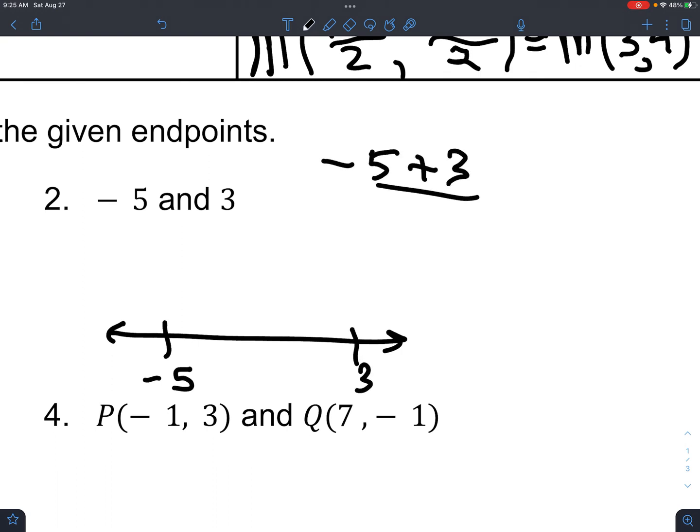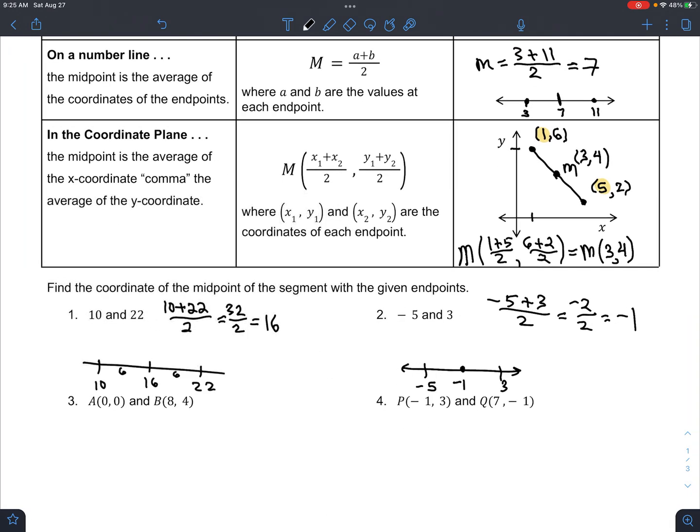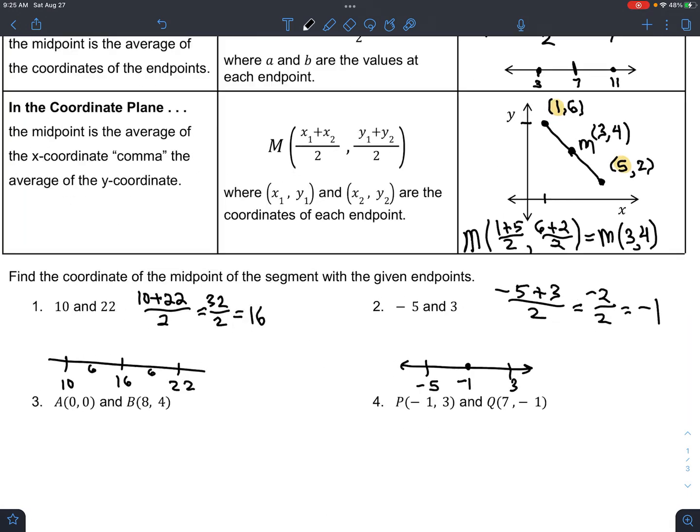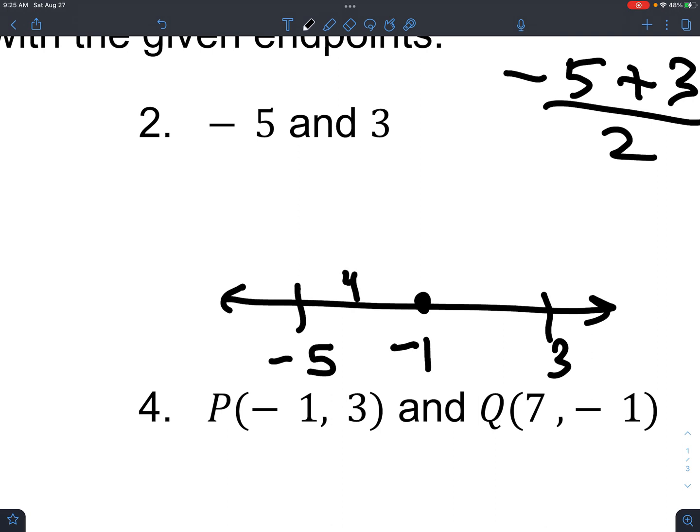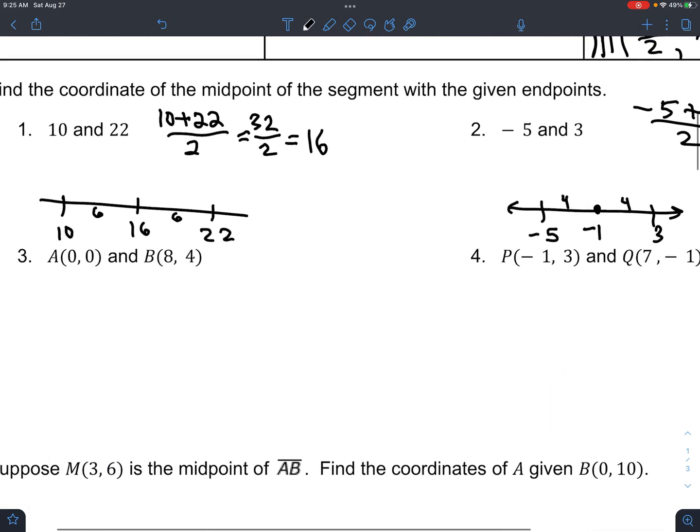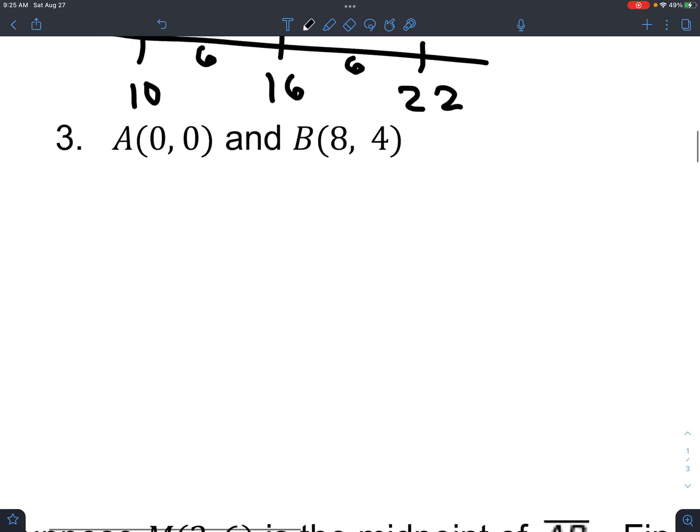You add them up, and -1 is right in the middle. And just like the other one, in our example above, it's 4 and 4. So it is in the middle.